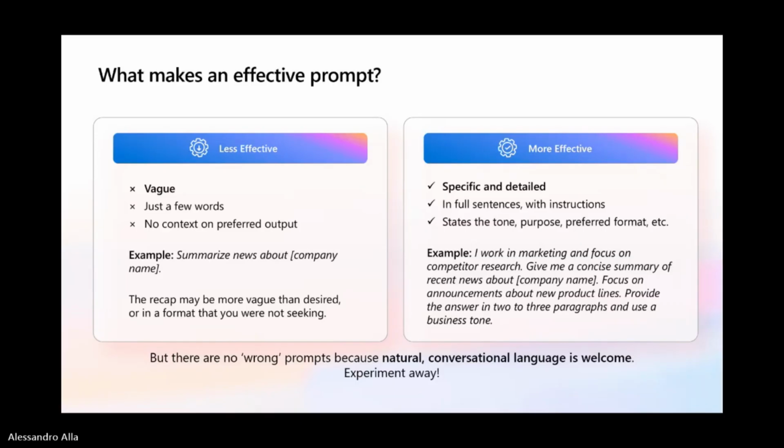On the other hand, a well-structured prompt provides clear instruction, context, and specifies the desired tone and format. For example, specifying your sector when researching competitors helps personalize the answer to your need. Also remember that there are no wrong prompts. Using natural conversational language is encouraged.